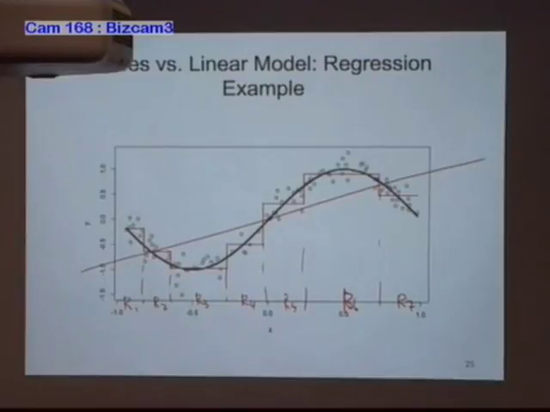So it grows a tree with 7 leaves. All these vertical points are just splits. And within each leaf, you have a flat line that's the prediction. So you don't need to do anything. It automatically captures that nonlinear pattern. You don't need to introduce polynomial things.